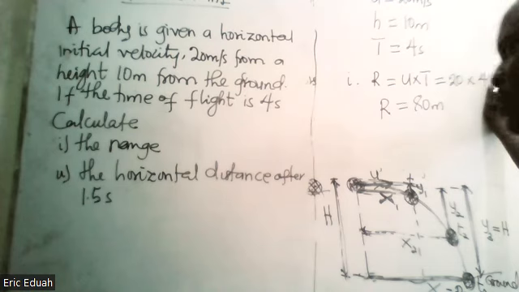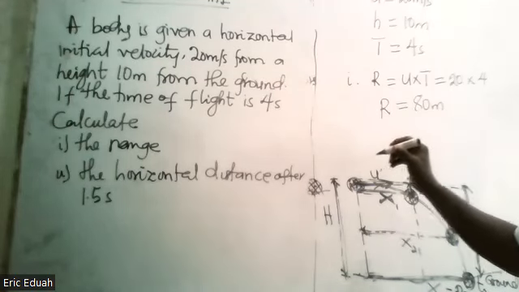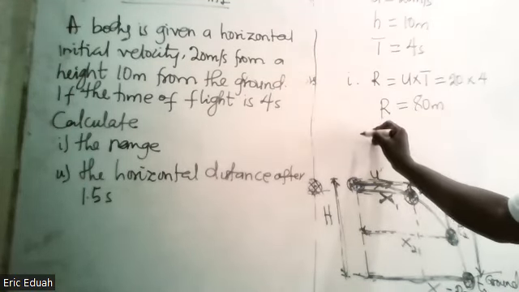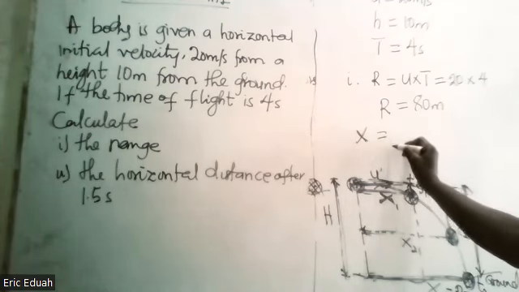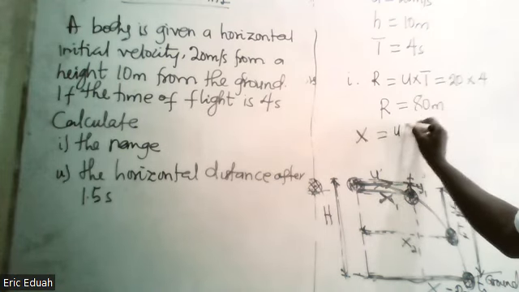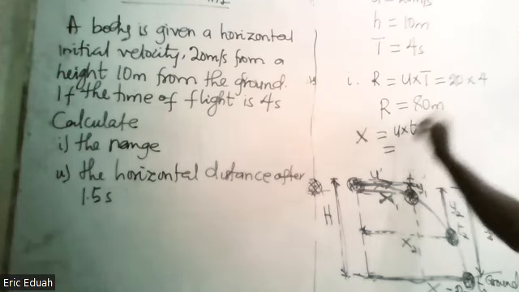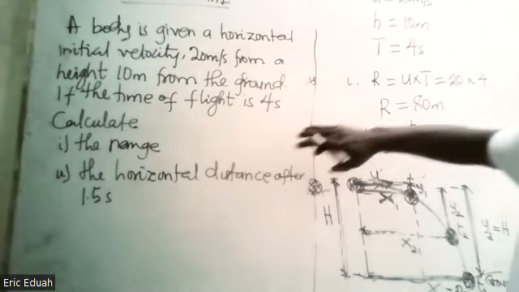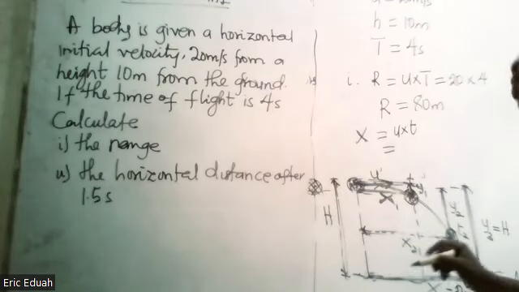Then the horizontal distance after a time t equal to 1.5. So we are looking at a horizontal distance x. But we know generally x is equal to u times t. And u is constant during the whole motion. At any given time, the value of the initial velocity is constant.